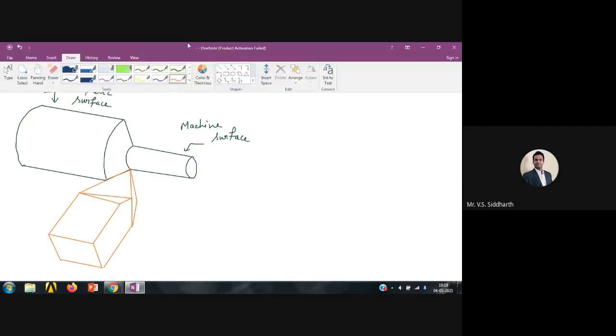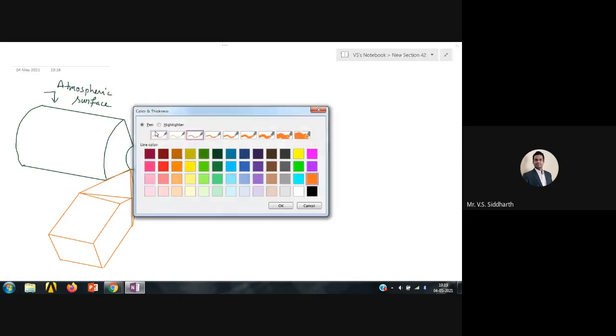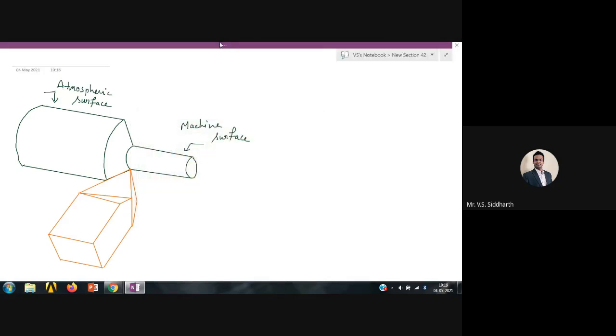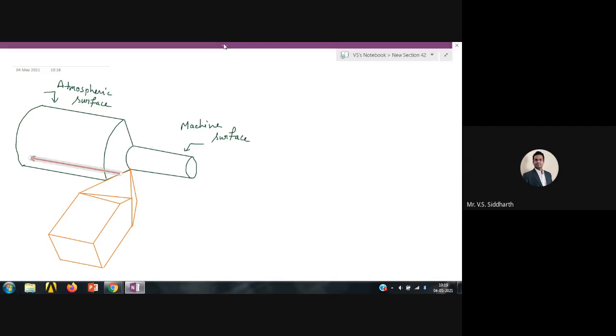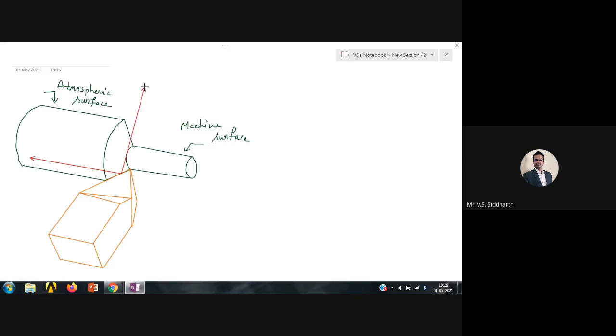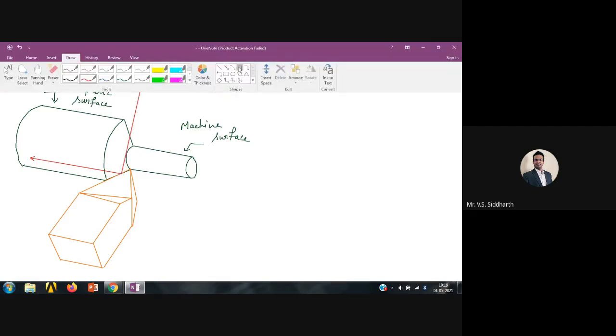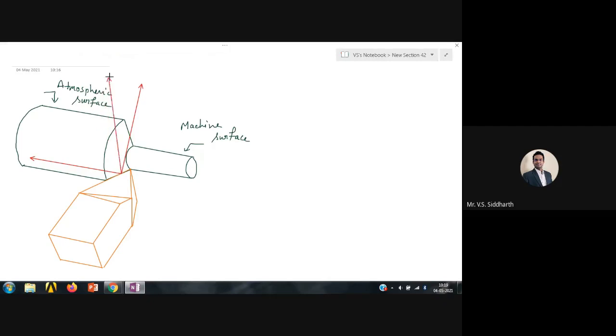Now I will be drawing the three axes. You already know what the different axes are. One is the longitudinal axis. Another one is the transverse axis. And the third one is the Z axis.